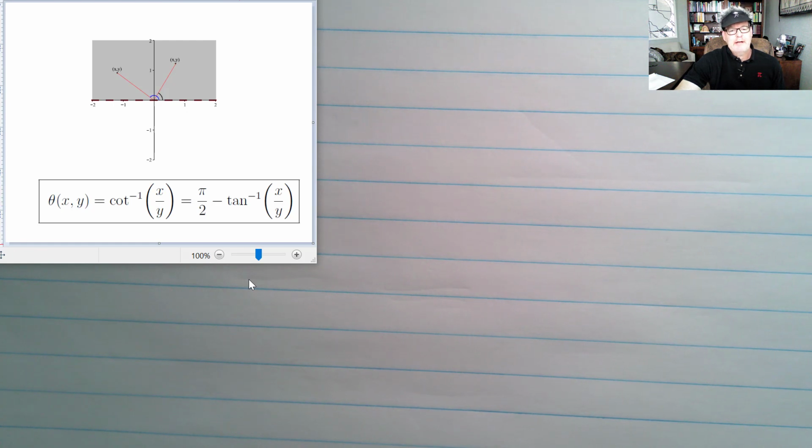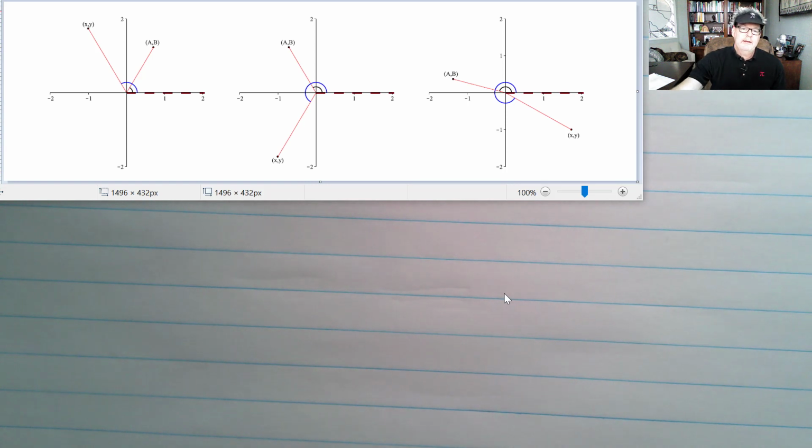All right, so there's the upper half plane. Well, now we're going to square that, and here are examples of a point AB being squared. AB is different points in the upper half plane. If you square it, then you get the lower half. But conversely, if you fix XY, there'll be some AB in the upper half plane that takes you to that, except on the positive x-axis now.